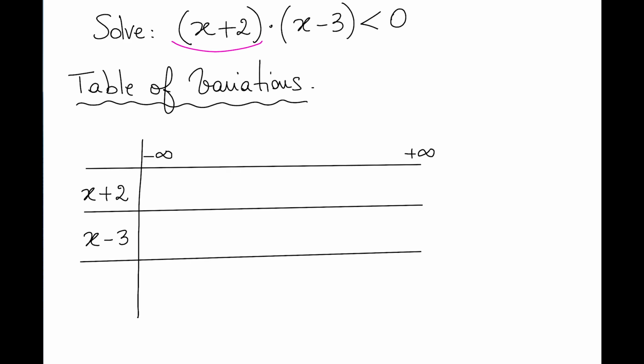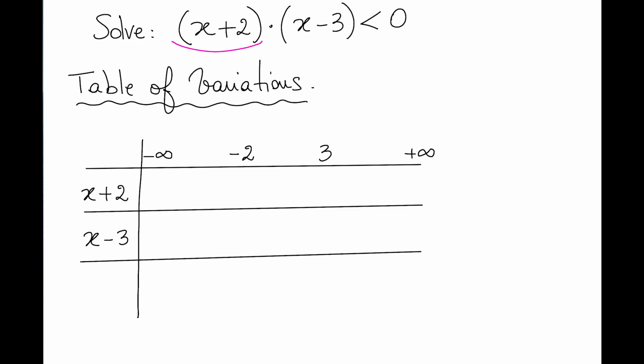I'm going to have the critical numbers that force any of the factors to be neutral, which means where x plus 2 is 0 and where x minus 3 is 0. So x plus 2 is 0 happens when x is minus 2, and x minus 3 is 0 when x is 3.